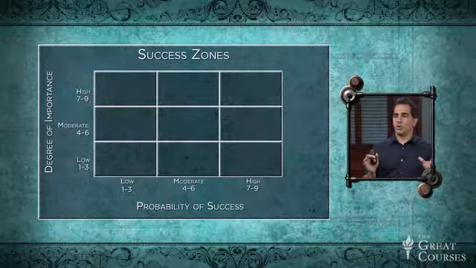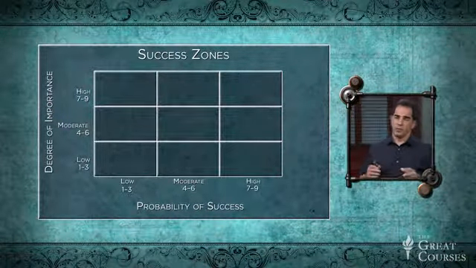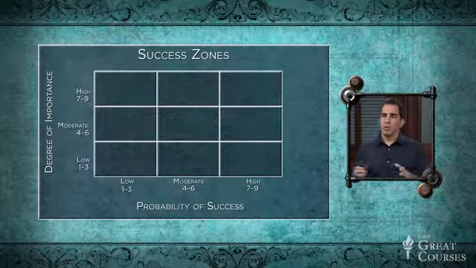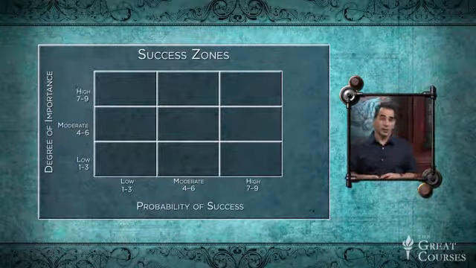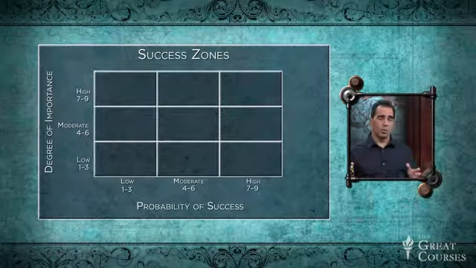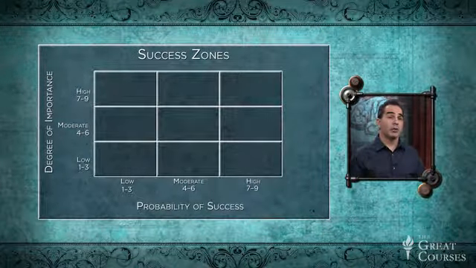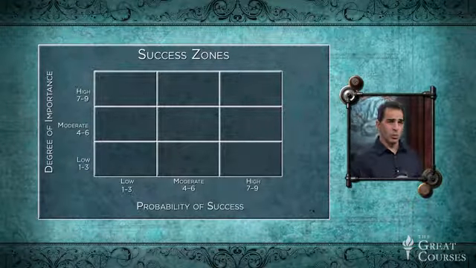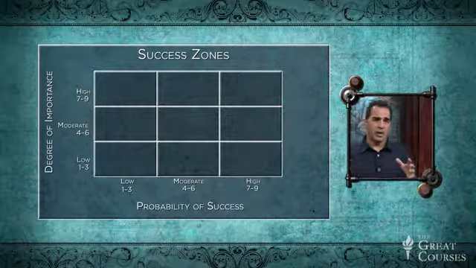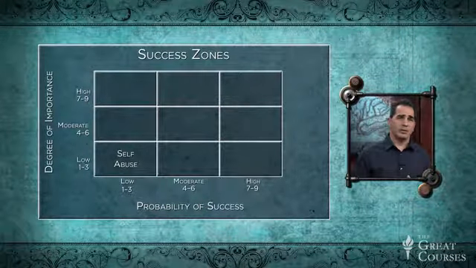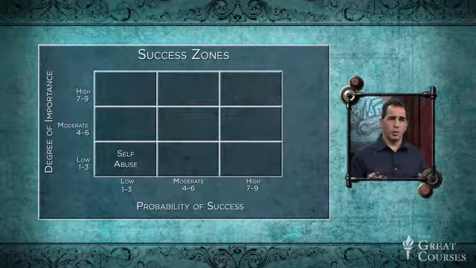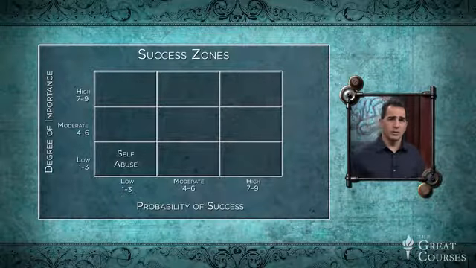Let me interpret the combination of these 2 axes. So when we have a situation that has a low probability of success, you had ranked it 1 to 3, and the degree of importance is low as well, we call this kind of a scenario self-abuse. Why do it? Why pursue it? If you put energy into it, it's going to be a waste.